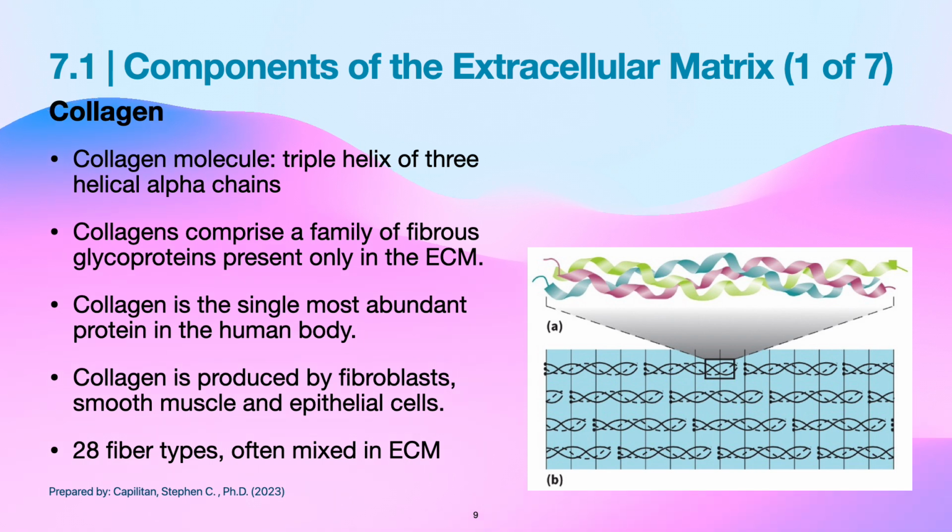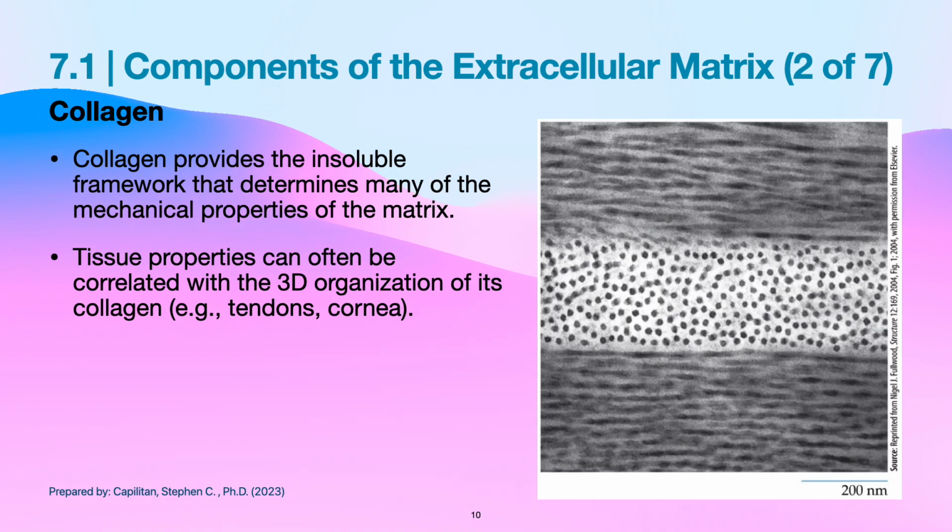You see here the horizontal black lines across the fibril. They repeat with a periodicity of about 67 nanometers, which is equal to the length of the gap between molecules plus the overlap. Collagen provides the insoluble framework that determines many of the mechanical properties of the matrix.